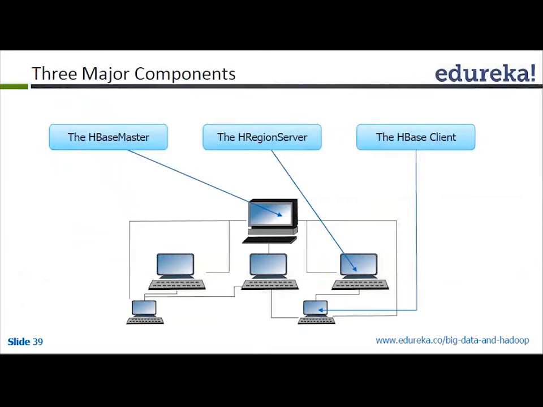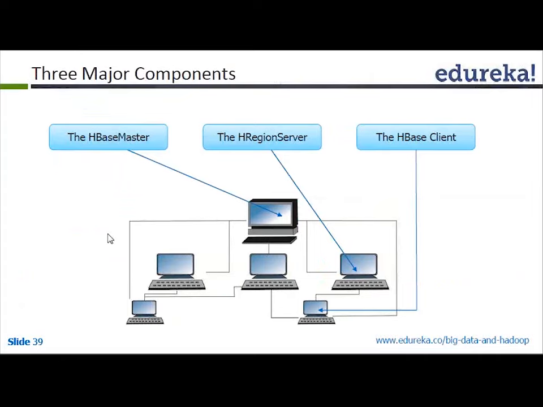Okay? So now, if you look at the components of HBase, like what we have seen, you will have the HMaster, that is the team lead who is responsible for coordinating with the slaves. You will have the region server, that is the individual slave machines where the regions are stored, and you will have a client who will first communicate with the Zookeeper.